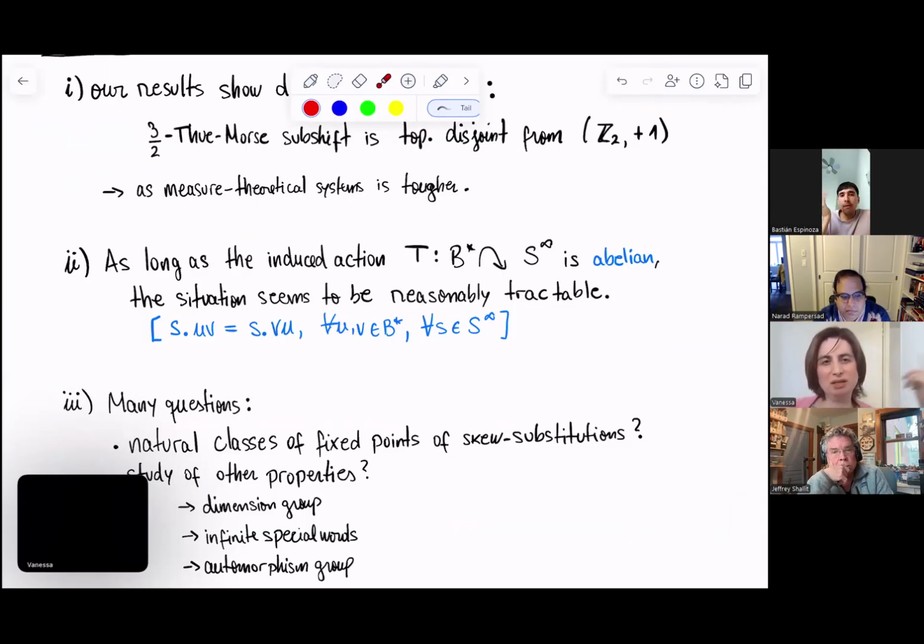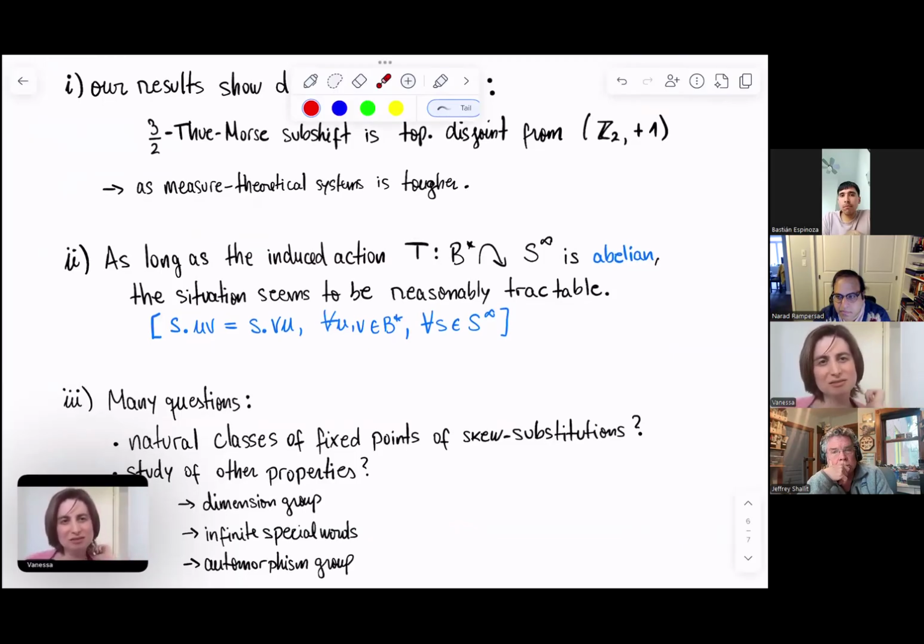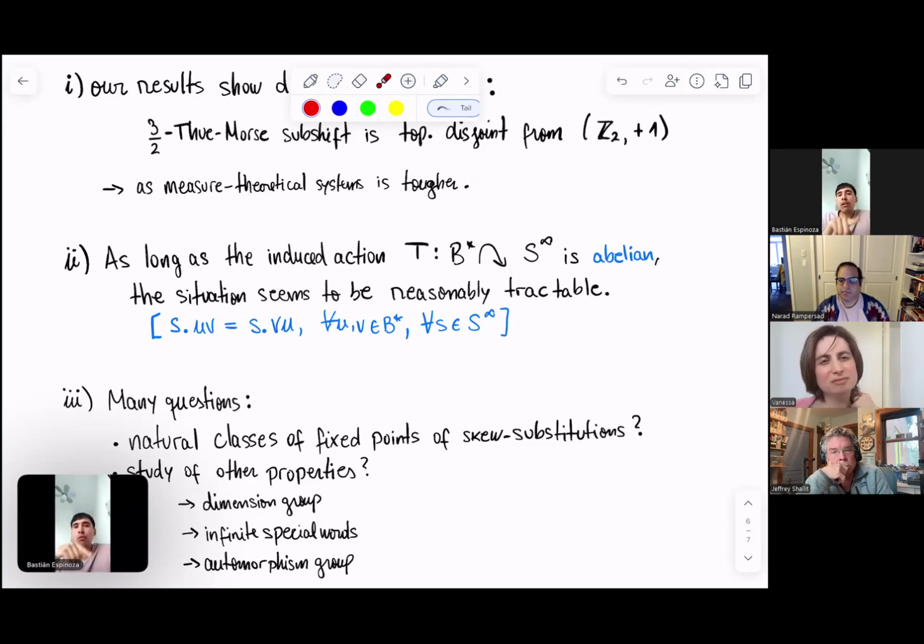It has to be like you're just basically looking at something like time modulo n. Formally, for this to be true, the action needs to factorize through the abelianization of B star. So the action would only depend on the Parikh vectors of the input words.